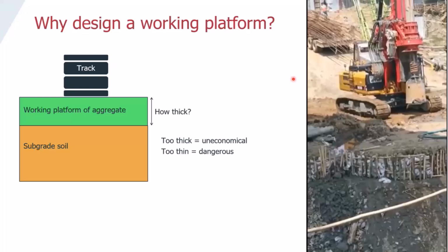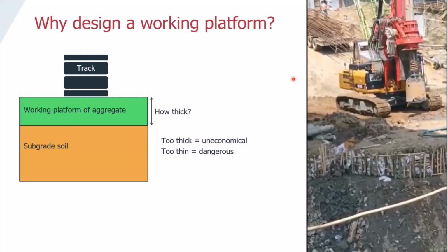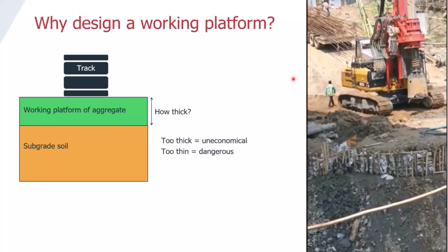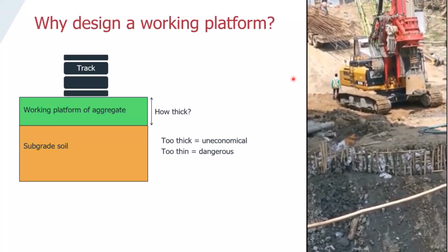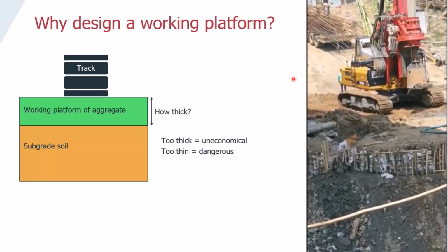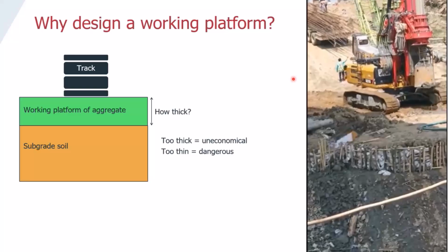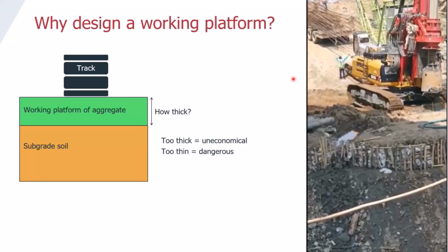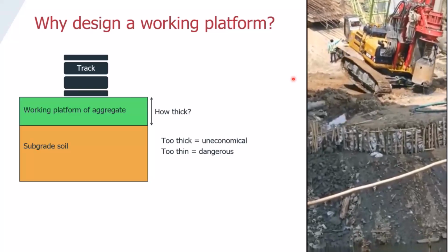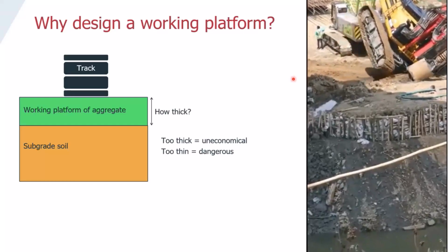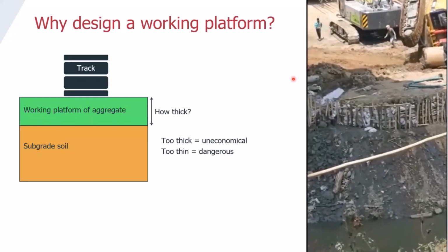So we can take a step back and ask ourselves, why do we design working platforms? Well, I think the answer might be obvious to our average engineer. That is to make sure that we have a safe and economical area to work with, because eventually we want to prevent scenarios like this one, a crane tipping over.